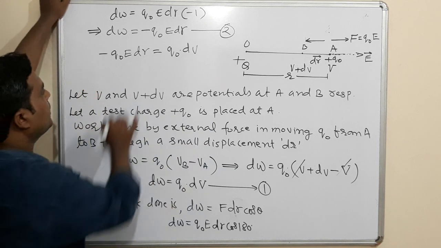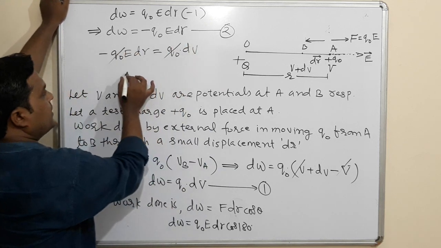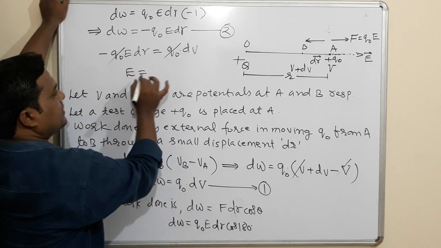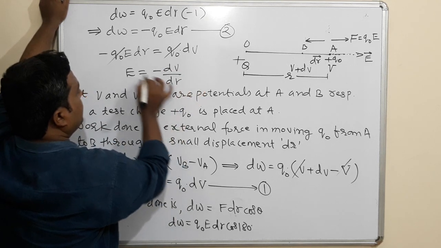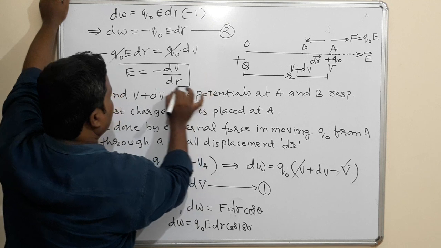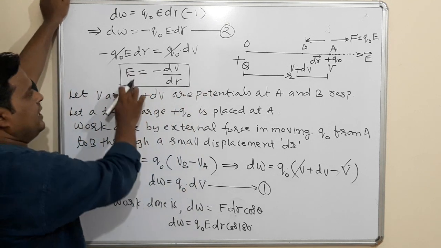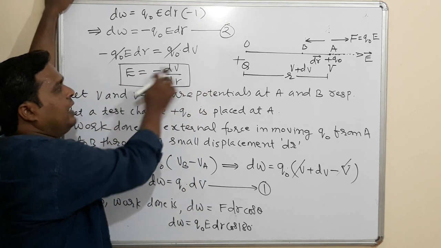Q naught gets cancelled. I will get E is equal to minus dV by dr. This is a very important relation, the relation between electric field and electric potential.